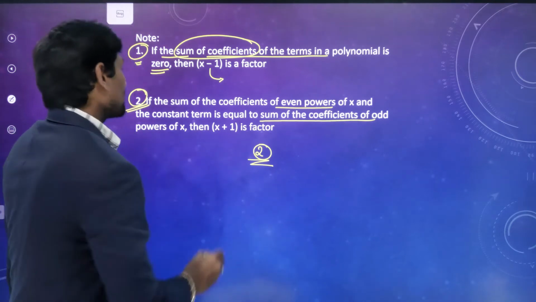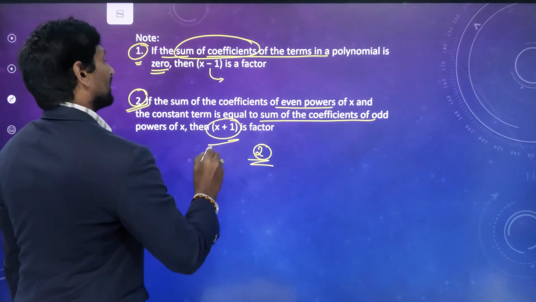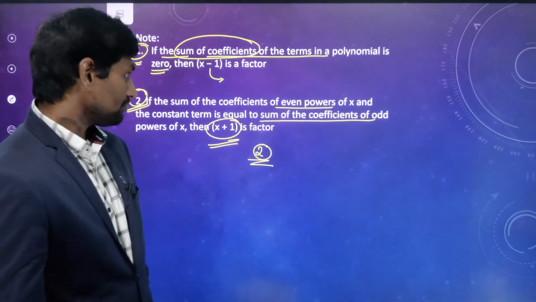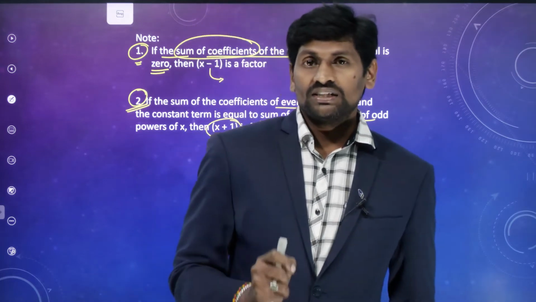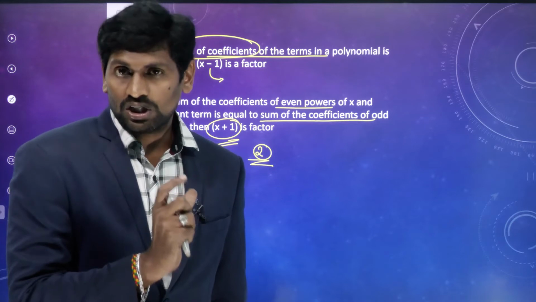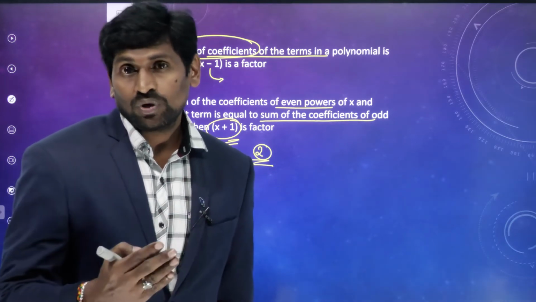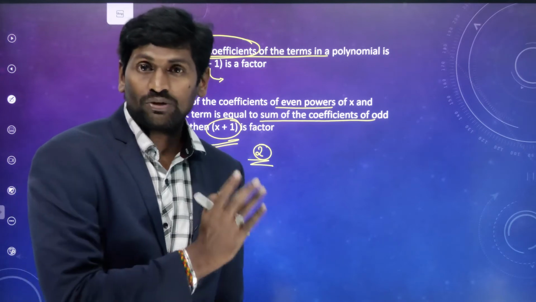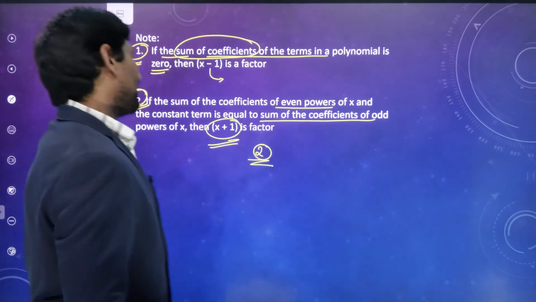Then x plus 1 will be a factor. Okay? Sum of all coefficients 0, x minus 1 is a factor. Sum of even powers coefficients and the constant term, and the remaining odd powers' coefficients are equal, then x plus 1 is a factor.